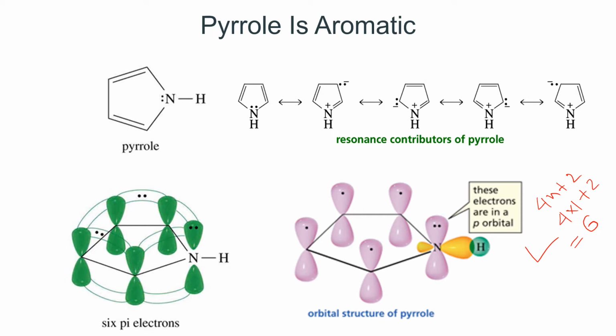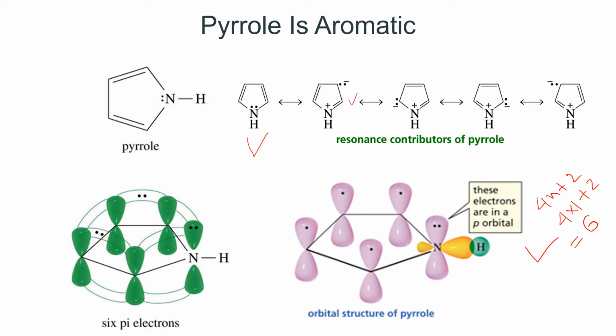And we can see from the figure that the lone pair of electrons on nitrogen is present in a p orbital. Due to the lone pair present in the p orbital in pyrrole, it can overlap with the p orbital on the adjacent carbon.